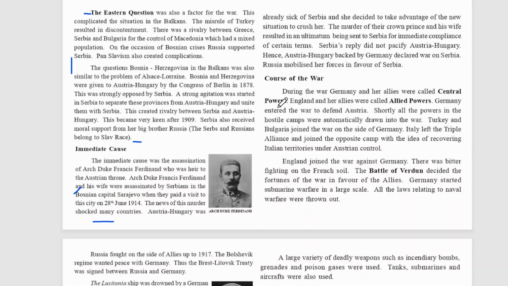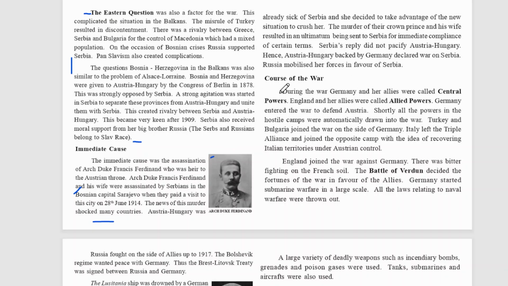Serbia's reply did not pacify Austria-Hungary. Hence, Austria-Hungary, backed by Germany, declared war on Serbia, and Russia mobilized her forces in favor of Serbia. So this is the immediate cause, and here is one picture of Archduke Ferdinand. His assassination is one of the reasons.